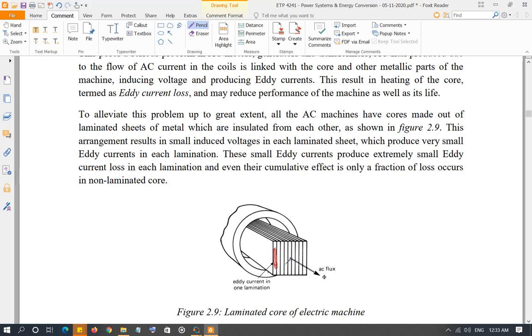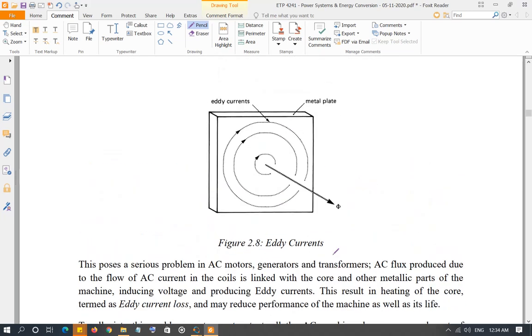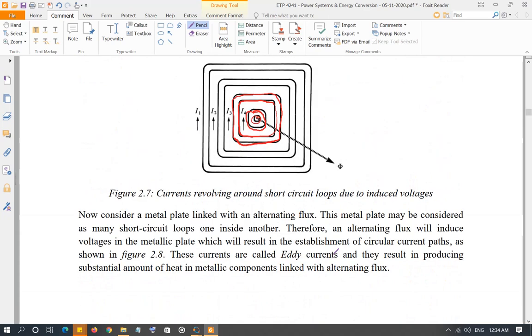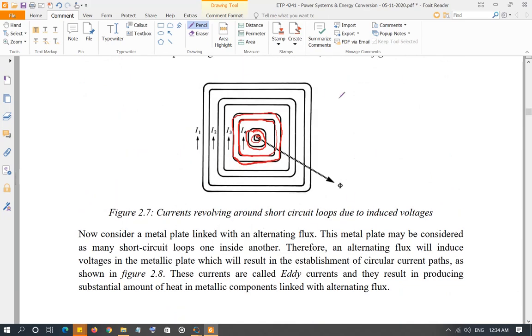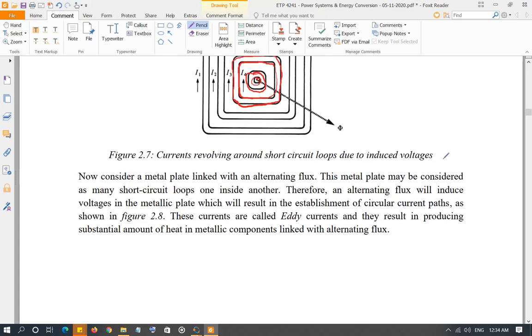Even if you add up all the losses, the total is extremely small compared to if you don't slice it and have a big huge core acting as a short circuit with concentric currents.